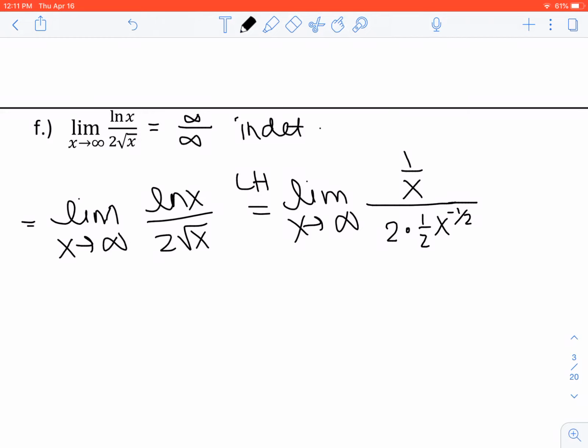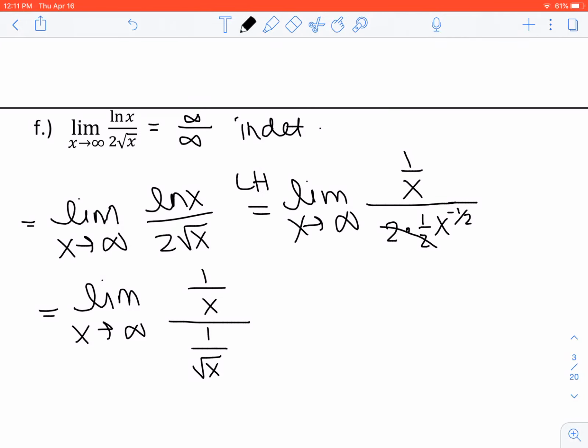And again, rewrite that with an exponent rather than a root, and maybe that would help if you're stuck. From here, you need to simplify this. So I'm going to simplify my 2's, and I am now at the limit as x approaches infinity of 1 over x all over 1 over the square root of x.